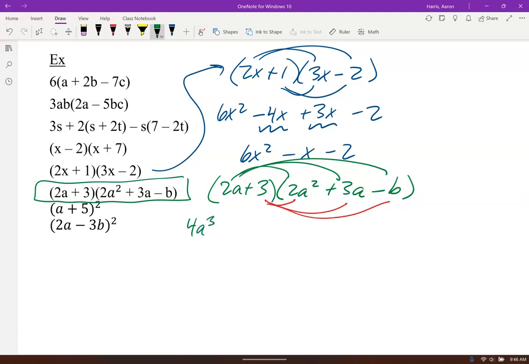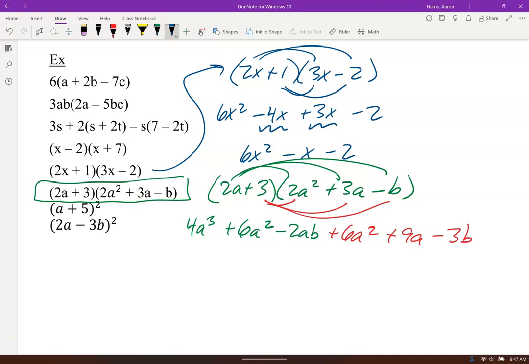Now I'm going to do 2a times 3a, 6a squared. Now I'm going to go 2a times negative 1b, negative 2ab. Now I'm taking the 3 times 2a squared is 6a squared. Now I'm going to take the 3 times 3a, which is 9a. Now I'm going to take 3 times negative b is negative 3b.